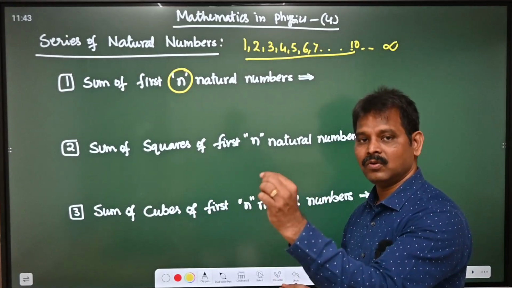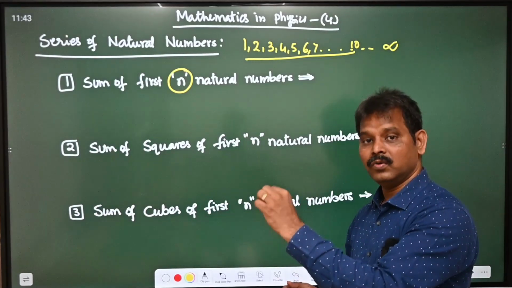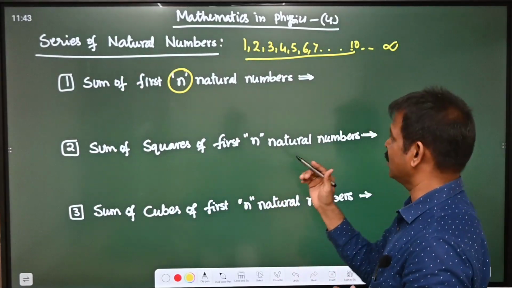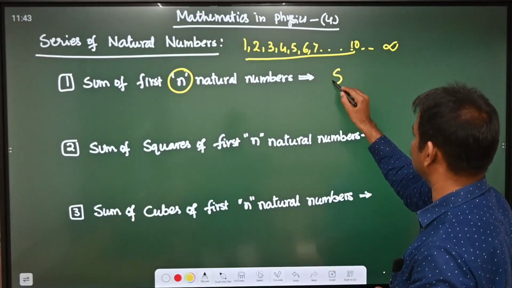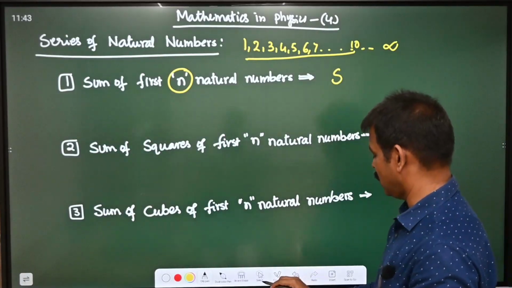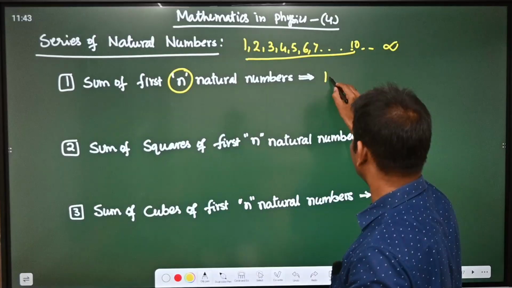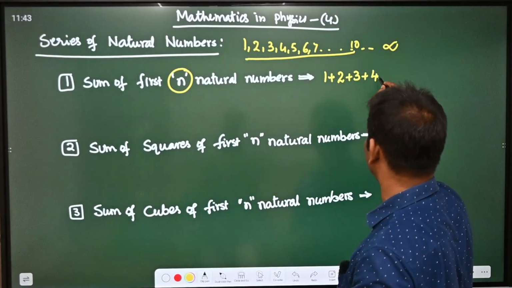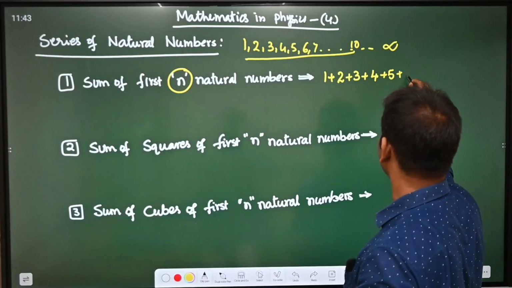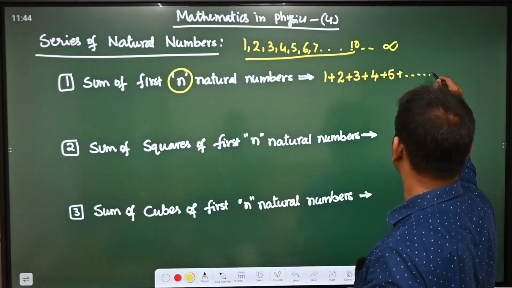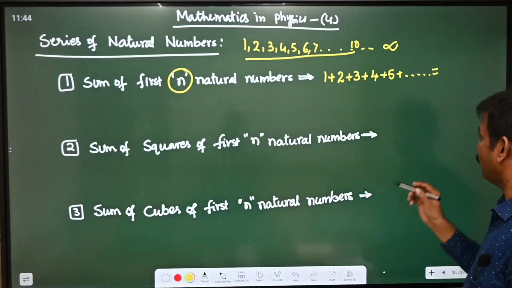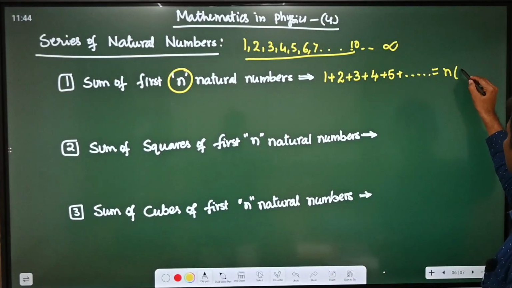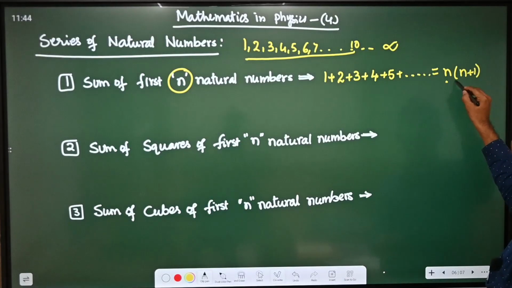Instead of adding one by one individually, we have a formula directly. Sum of n natural numbers: 1 plus 2 plus 3 plus 4 and so on is given by this formula, n into n plus 1 by 2.